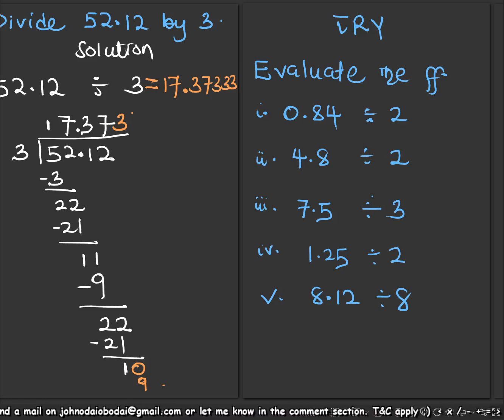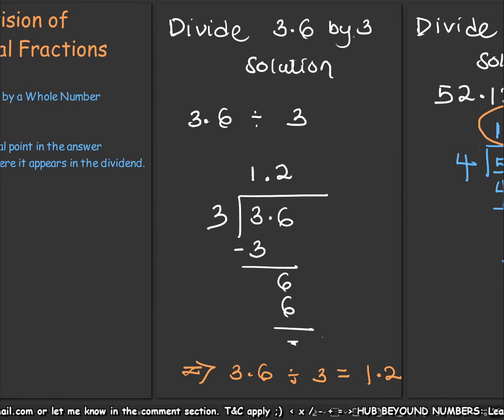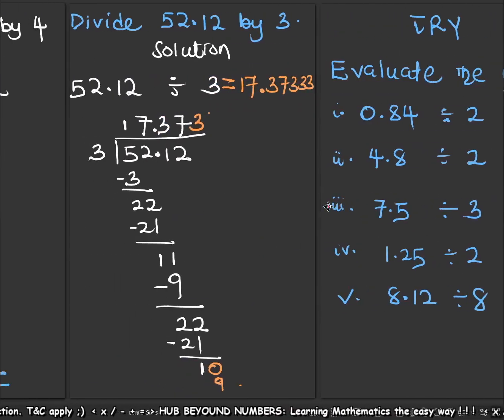There are some of them that will just be as the first one over here. Very, very simple, because the divisor is just a factor of the dividend. But for these ones, they are not. Hence, you'd have to apply what we did over here.